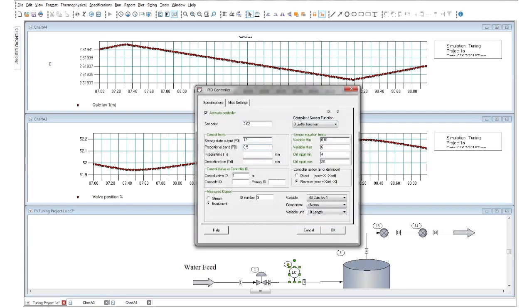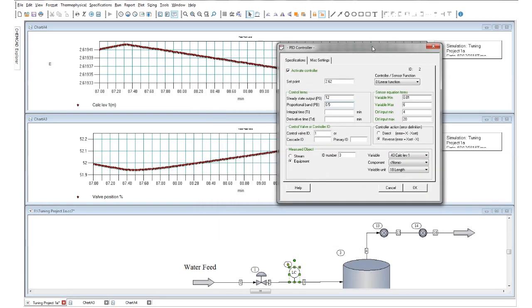Let's now enter those values into our ChemCAD results. So for my true value proportional band, we'll use 0.83, integral time constant 2.9 minutes, and derivative time constant of 0.725, and click OK.